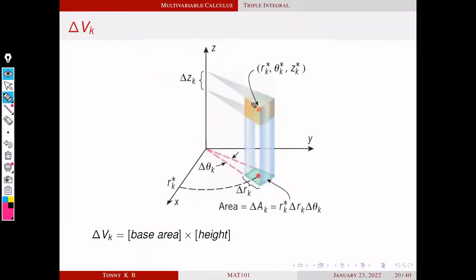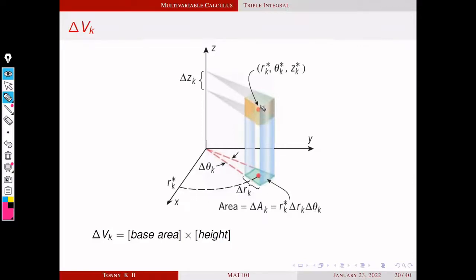The evaluation of the volume of this cylindrical wedge is very easy. We choose a center point like this. Then how to find the volume of a shape like this? It is nothing but base area into height. And what about the base area? You take the projection. It is clear that this shape is familiar, and this is a polar rectangle. We know that the area of a polar rectangle with these conditions is rk star, delta rk, delta theta k.